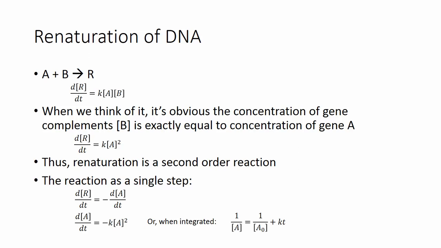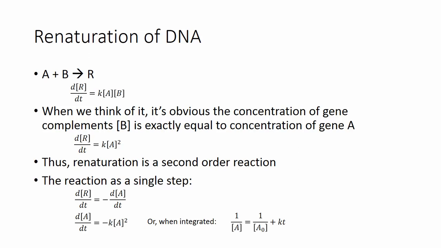Of course, because DNA is double-stranded, and not too long ago, gene complement B was actually bonded, hydrogen bonded most likely, to gene A. So we can change that rate equation a little bit and say dR/dt is equal to k times the concentration of A squared. And that makes renaturation a second-order reaction.